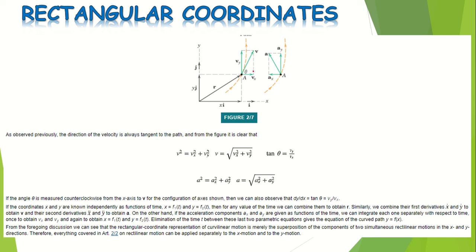They're just parallel. So using the Pythagorean theorem, we have v squared equal to the sum of the squares of the x and y components of the velocity. Taking the square root on both sides, we have v equal to the square root of v sub x squared plus v sub y squared.